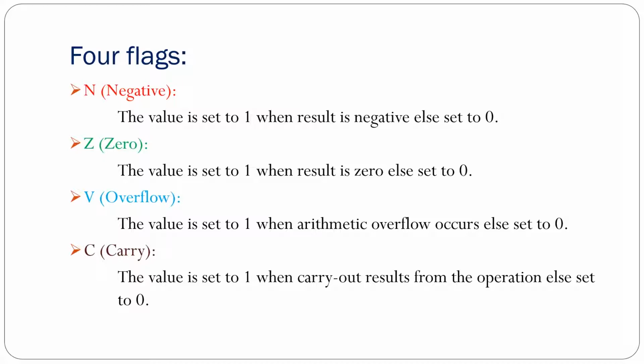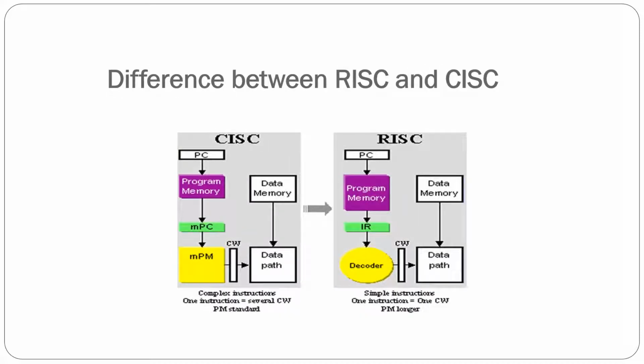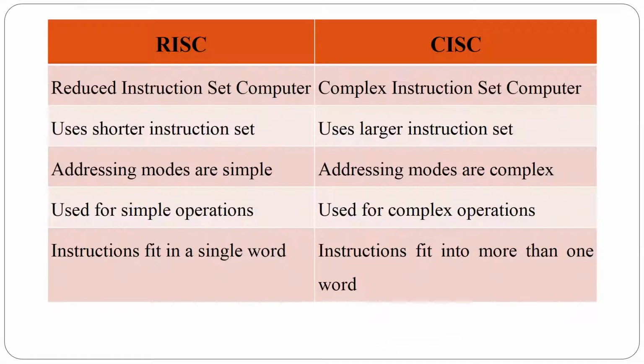Let us discuss the basic difference between RISC and CISC. RISC, reduced instruction set computer, whereas CISC, complex instruction set computer. RISC uses a shorter instruction set, whereas CISC uses a larger instruction set.